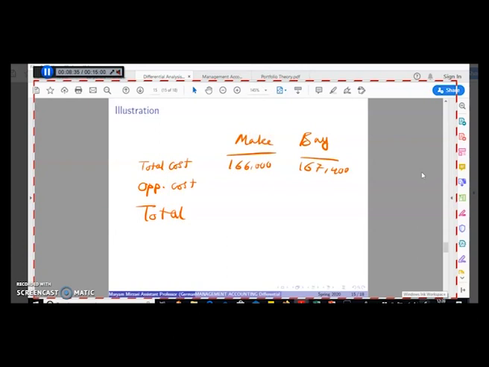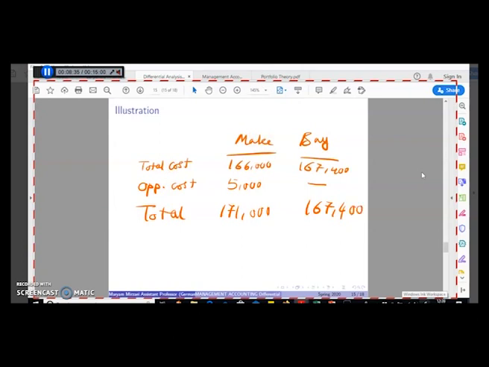But now I have an opportunity cost for making the product which is 5,000, and in case I buy it, I have no opportunity cost. Therefore, the total for making the product will be 171,000, while for buy will remain the same, 167,400.